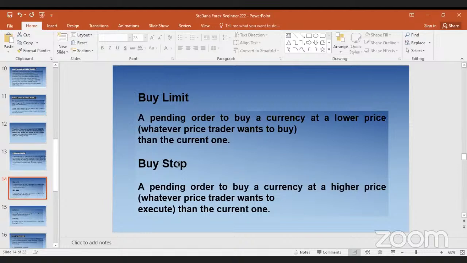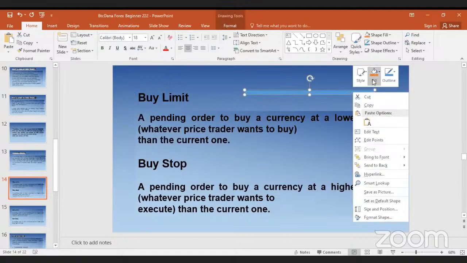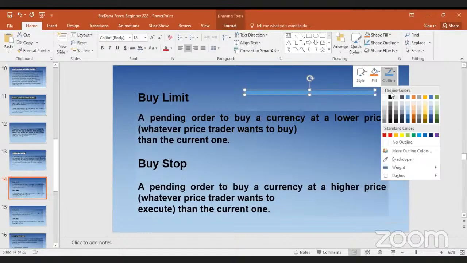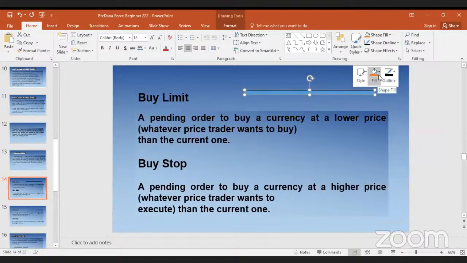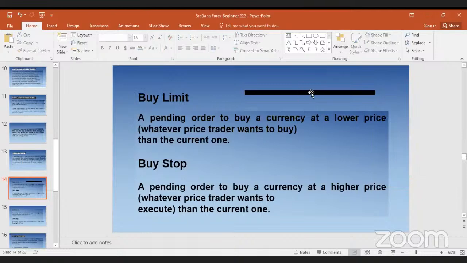So take for example, your market is around here. Let me just change the color. Okay, this is for buy limit. Your market is around here. Let's say it already came this way.